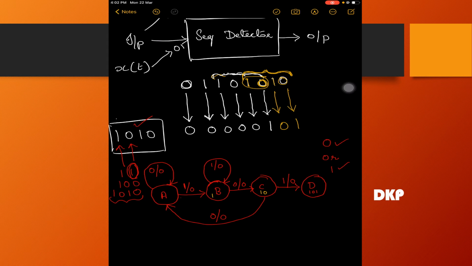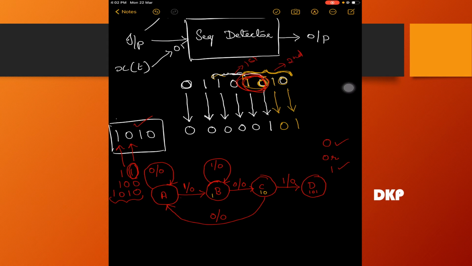Here the important point that you have to remember is, since overlapping is permitted, the machine can utilize the last 2 bits 10. You have to remember this concept what I have told. This is the last 2 bits of the first sequence. This is the first sequence, this is the second sequence.